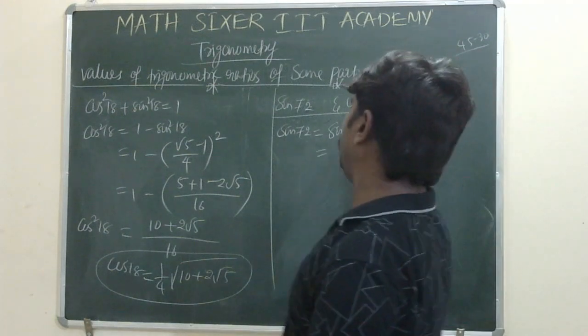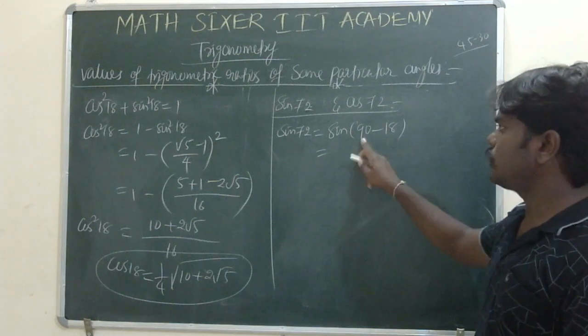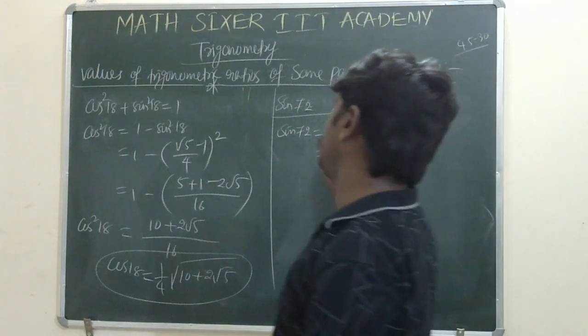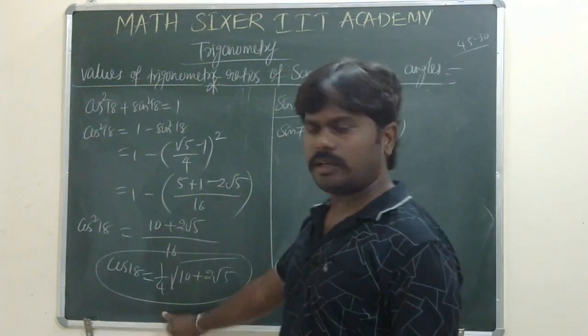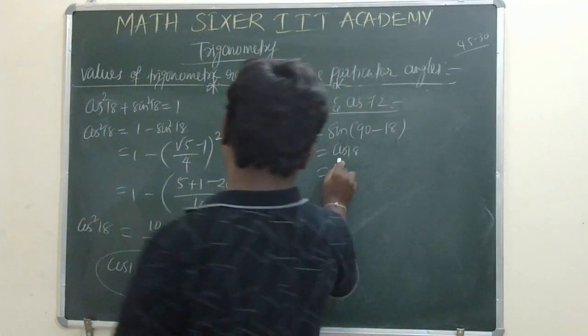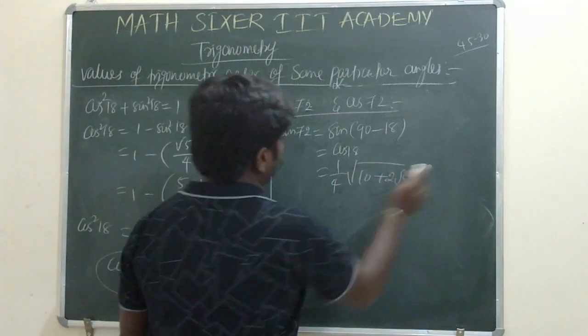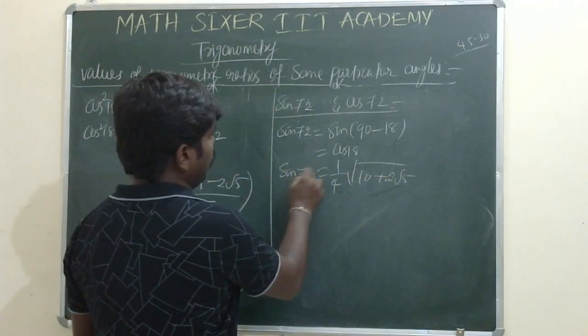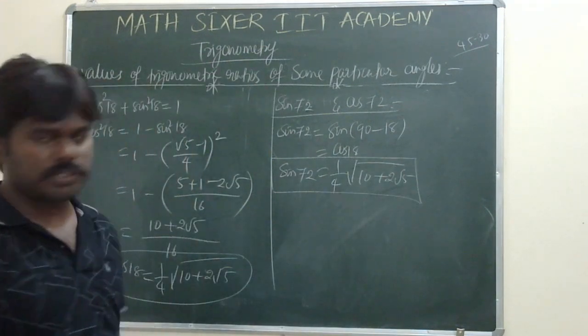So here sin of 90 minus theta, this is the first quadrant, and also with 90 we have to use the co-function, that is cos. So cos 18. Cos 18 value we already have, that is nothing but 1 by 4 into square root of 10 plus 2 root 5. So sin 72 value is nothing but 1 by 4 into square root of 10 plus 2 root 5.